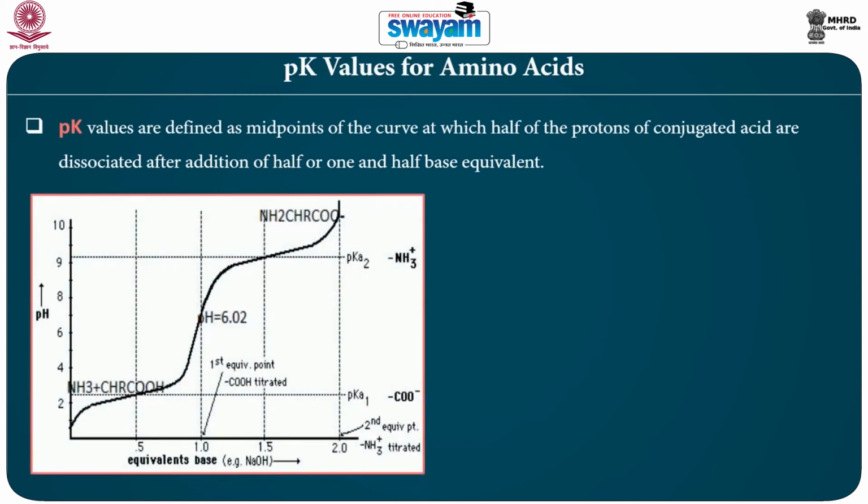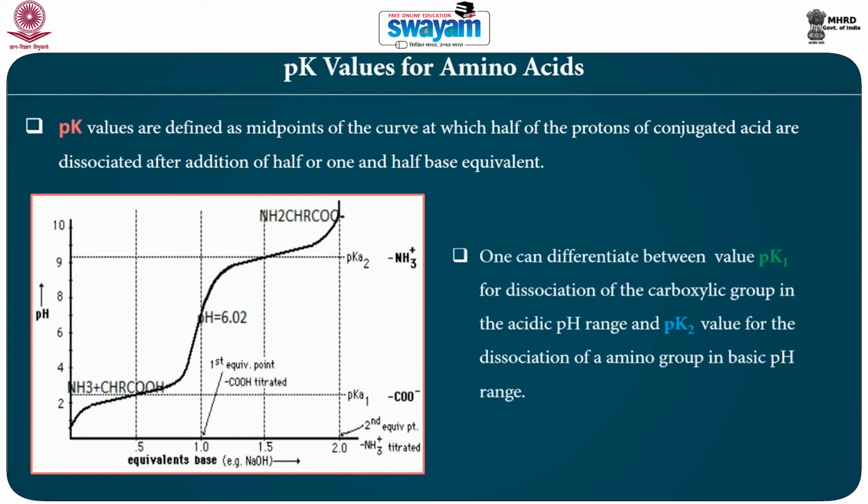pK values for amino acids. pK values are defined as the midpoints of the curve at which half of the protons of conjugated acid are dissociated after addition of half or 1.5 base equivalent. There are two different values of pK, pK1 and pK2.